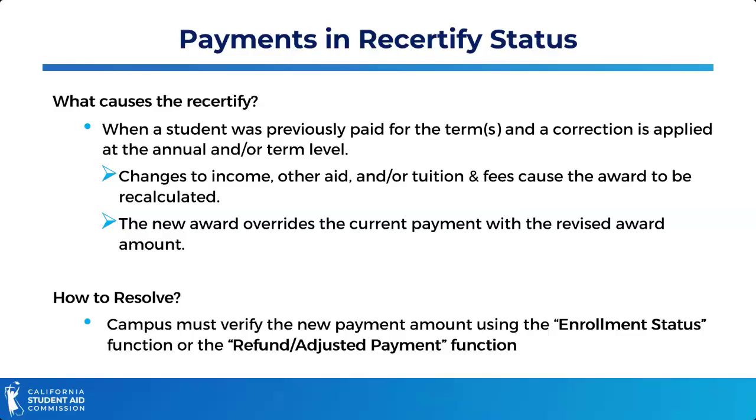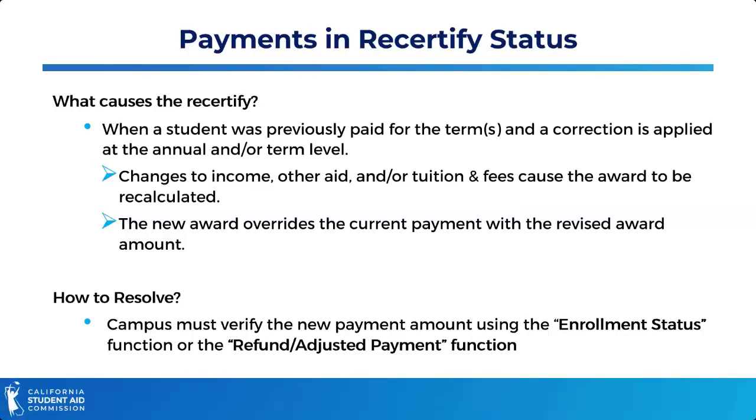Now, you do have to resolve this recertification status, and to do so, the school will need to verify the new payment amount using the enrollment status function or the refund adjusted payment function.